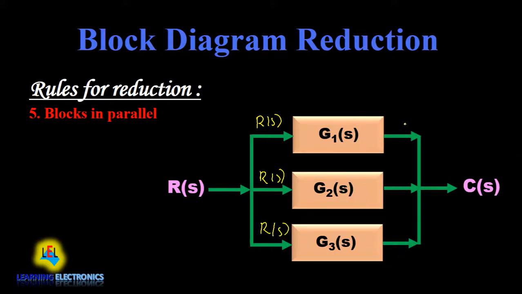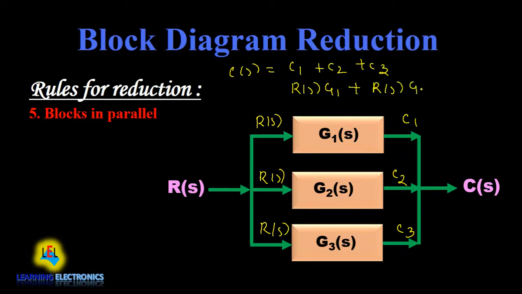So if we take the output of G1 as C1, G2 as C2 and G3 as C3, the total C(s) will be equal to C1 plus C2 plus C3. So when we find C1, C2, C3, we get R(s) into G1 plus R(s) into G2 plus R(s) into G3, which is equal to C(s).